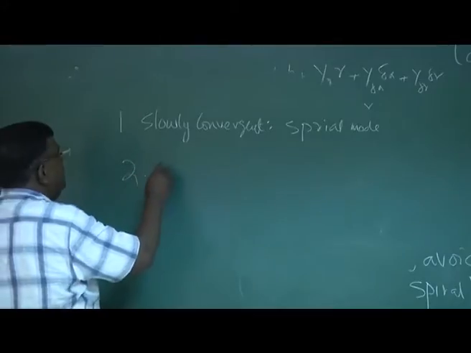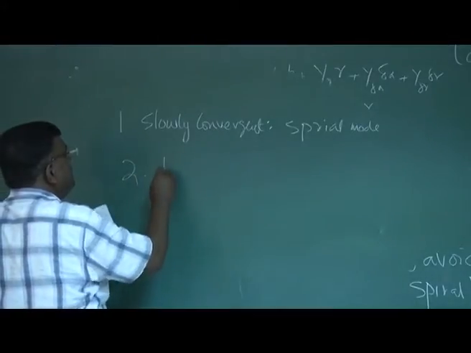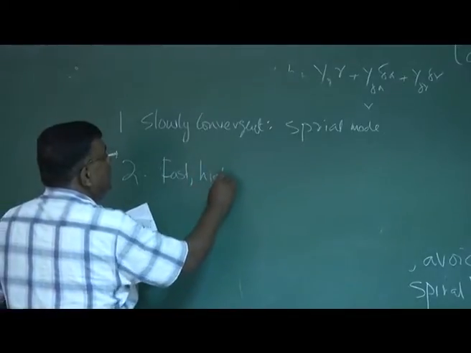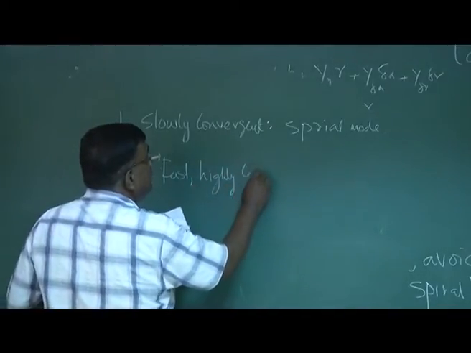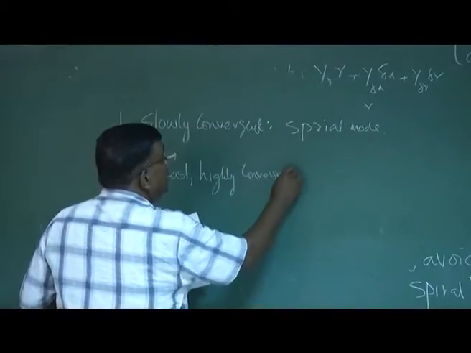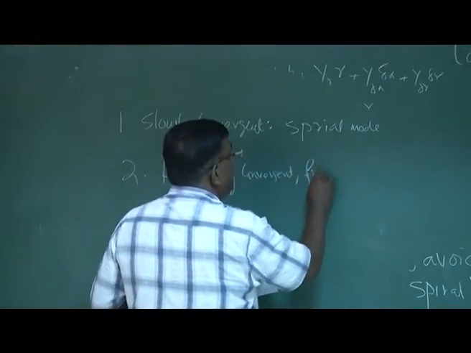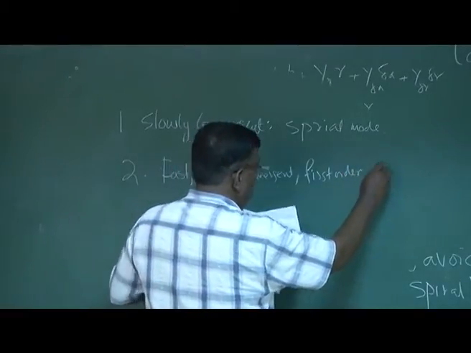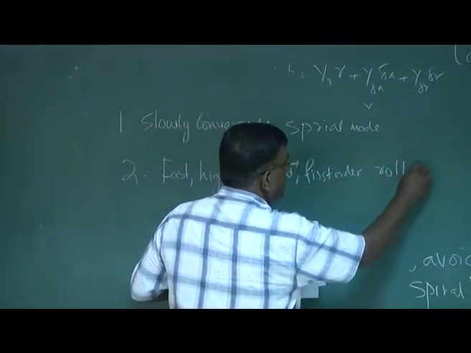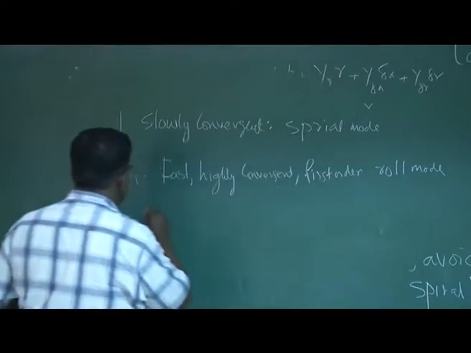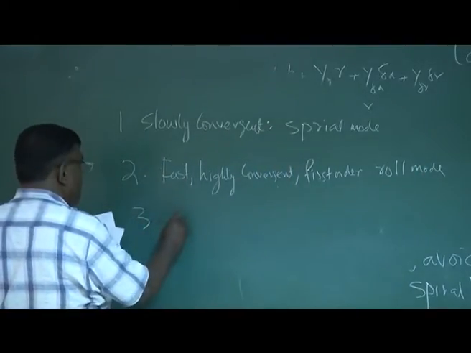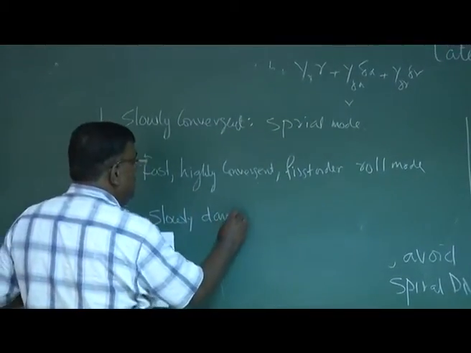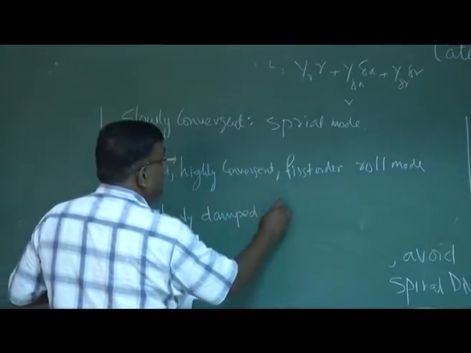Number two, we find a very fast or highly convergent first order root, this is called the roll mode. And third one is a slowly damped oscillatory mode.